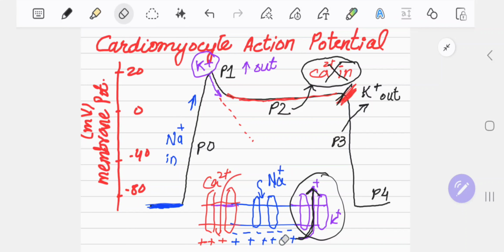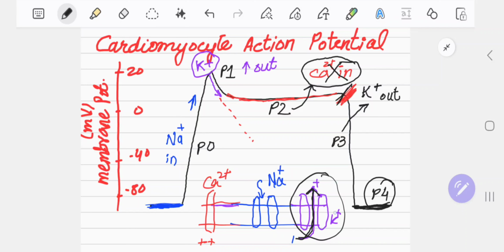Obviously, the number of positive charges inside will keep on reducing, and the membrane potential will decrease and come down to the resting potential again. When it comes down to the resting potential, it is called phase 4.